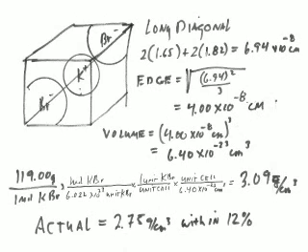So the edge is the square root of 0.694 squared divided by 3. So the edge length is 4.0 times 10 to the minus 8 centimeters. So the volume of the unit cell would be 6.4 times 10 to the minus 23 cubic centimeters.